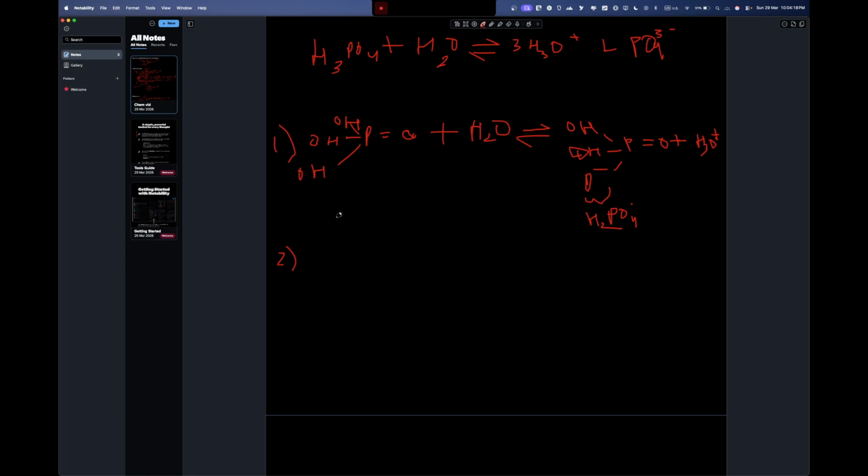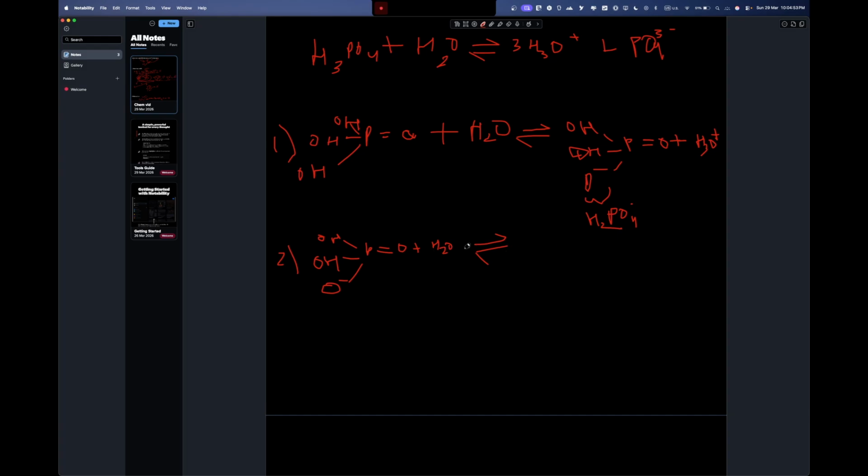Let's just draw the structure, shall we? OH, O, double bond, O, plus H2O. Don't forget to give the negative charge signs. Again, same thing will follow.